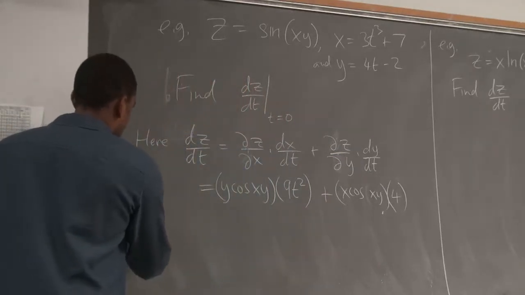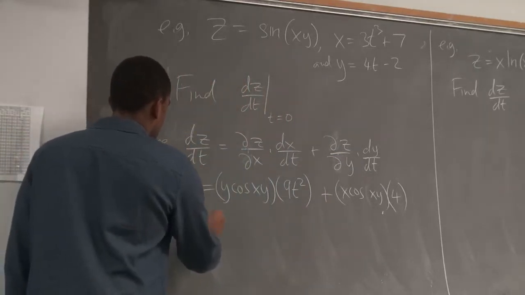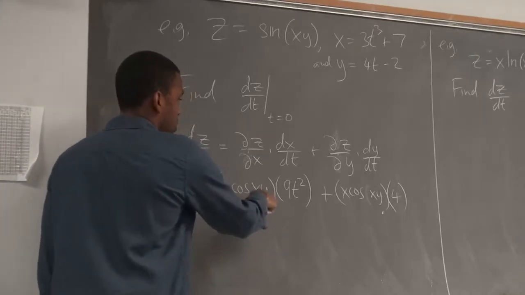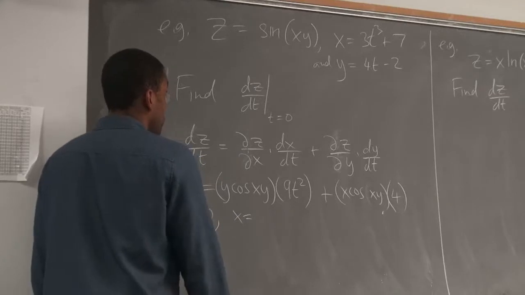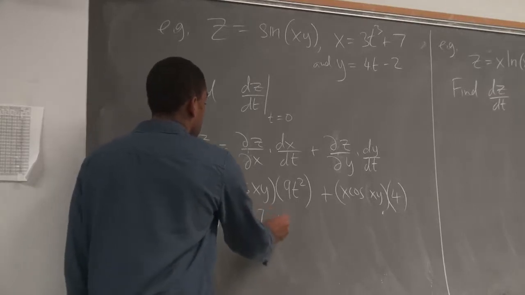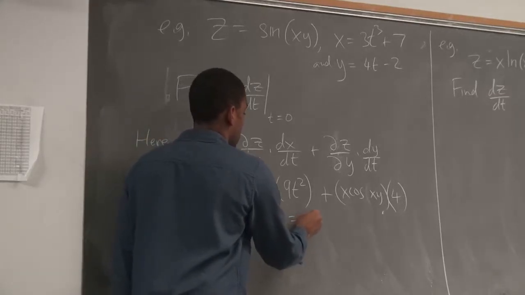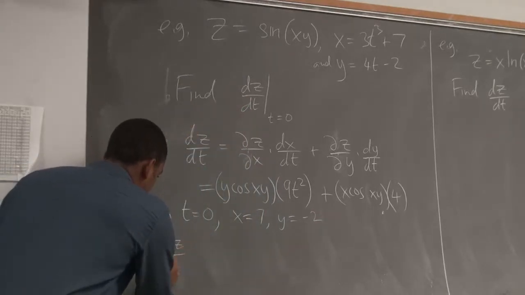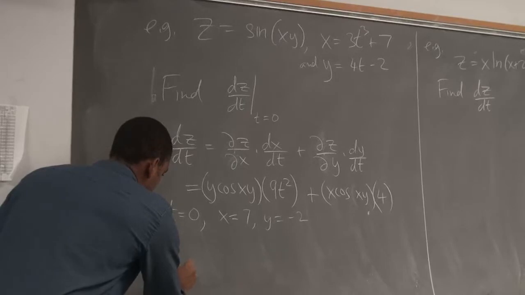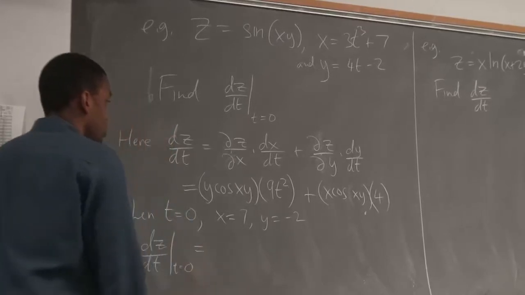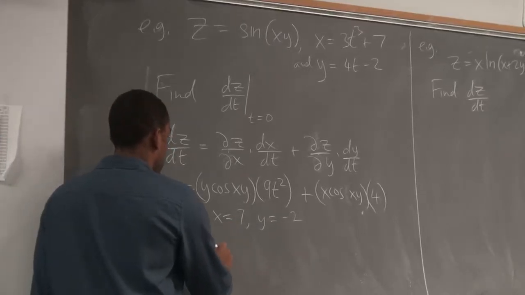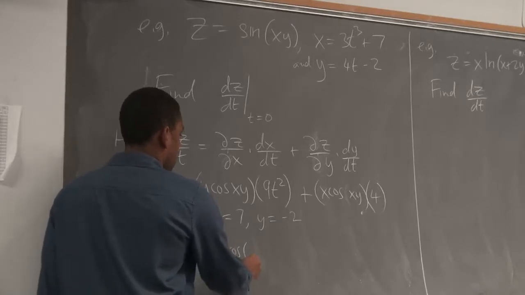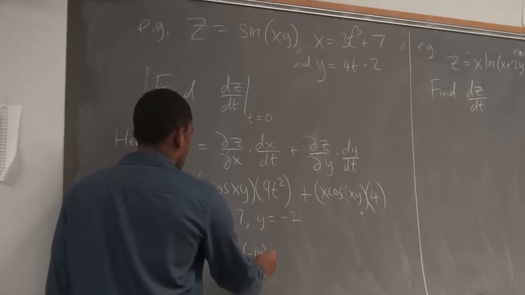Now when t equals 0, you're going to need to know what x and y are in order to plug them in. So when t equals 0, your x is 7, your y is minus 2. This means dz dt when t equals 0 is equal to, you plug in minus 2 times cosine of minus 14 times 9t squared.